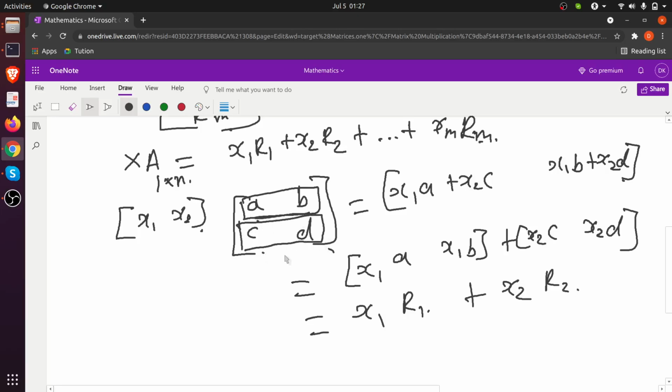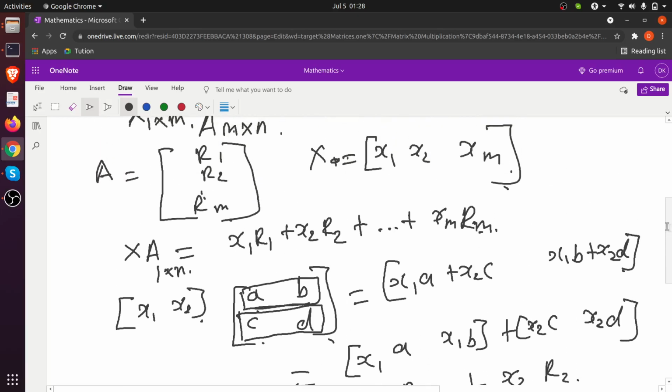In general, for any m by n matrix, you can prove that the multiplication by a row vector from the left hand side is simply the linear sum of all its rows, with the coefficients being the entries of the row vector that you are multiplying with. This is a block view.